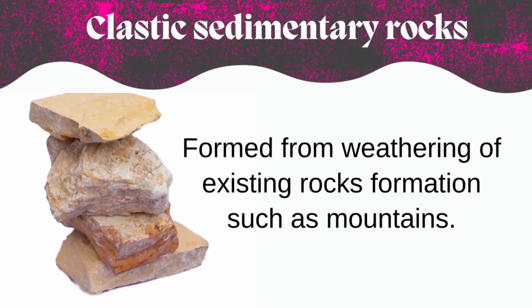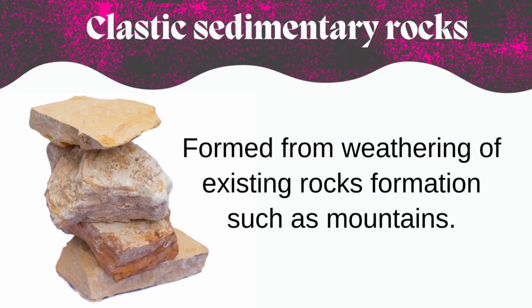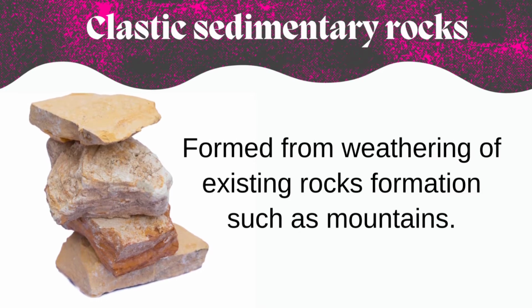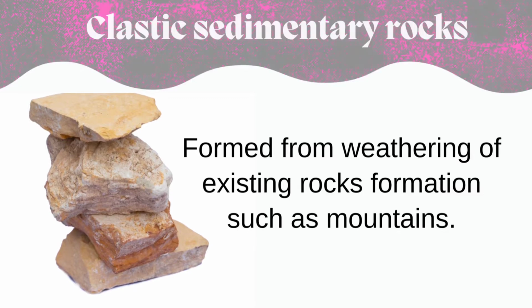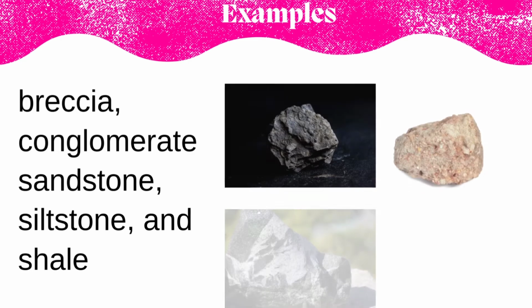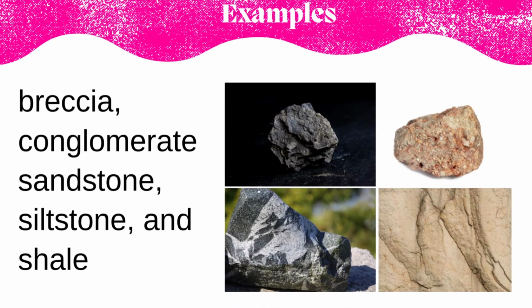Water will carry them and assemble them together. They will form a kind of rock which we call clastic sedimentary rock. Examples, as you can see, are breccia, conglomerate, sandstone, siltstone, and shale.